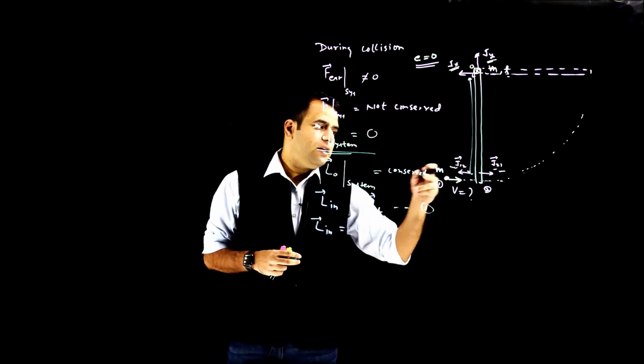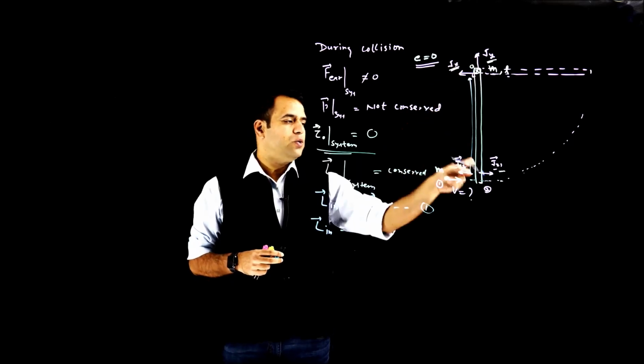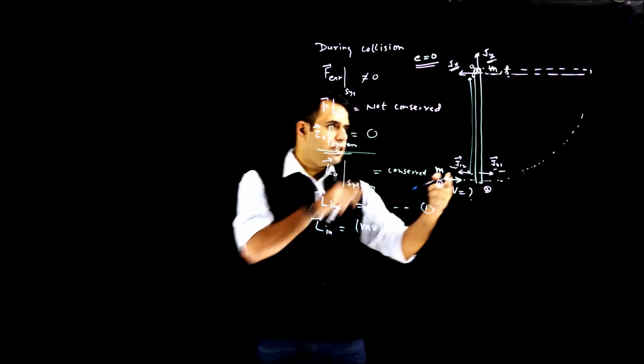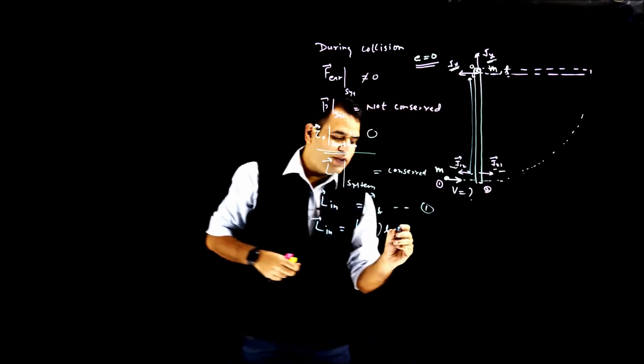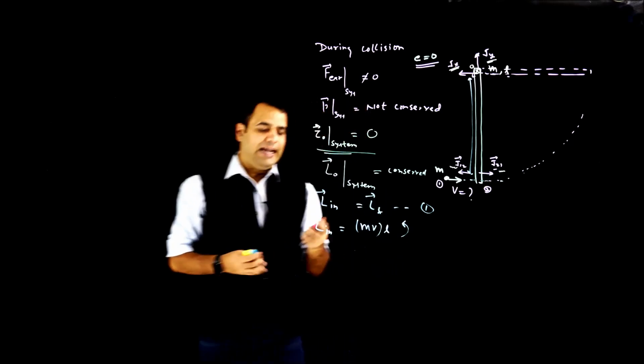So we extend the linear momentum and we put the perpendicular from point O to that extension, and that length will be the L. And the direction of this, I see the anti-clockwise direction. So that's your initial angular momentum.